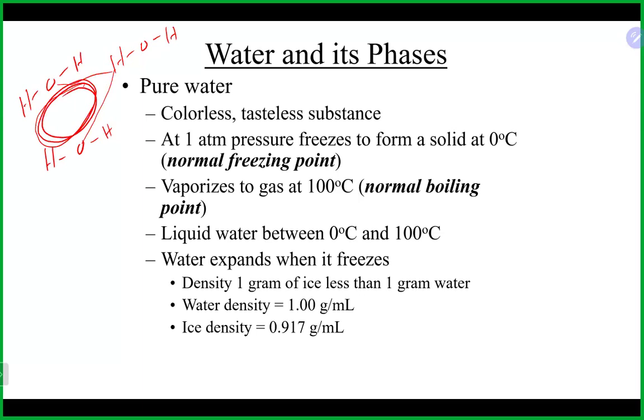Because they're in the solid state, they don't have as much energy to get really close to one another, so they can only get so close. As they lock into the solid state, it creates a lot of this open space.